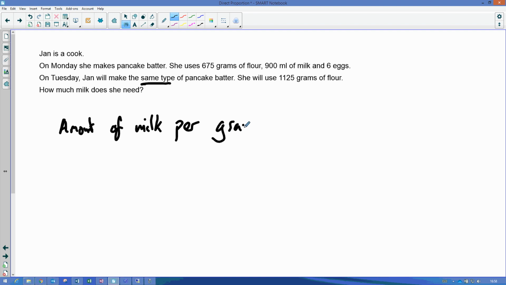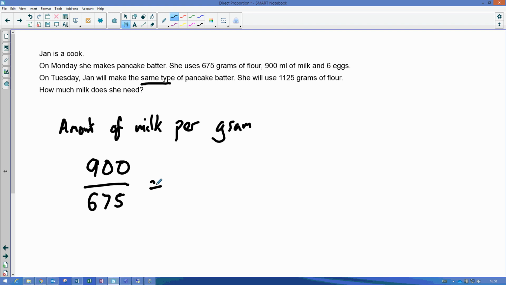If we knew that, we'd be able to just multiply the 1,125 grams of flour by the amount of milk per gram, and that would tell us how much milk. Again, we don't know this, but we can work it out because we know how much Jan used on Monday. So if we want milk per gram, we need to do the amount of milk she used on Monday and divide it by the number of grams of flour she used.